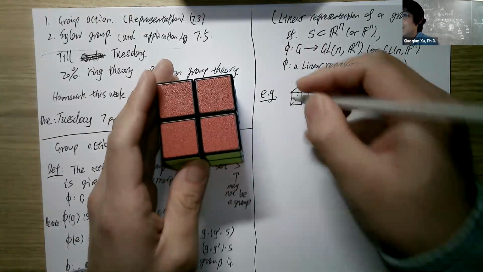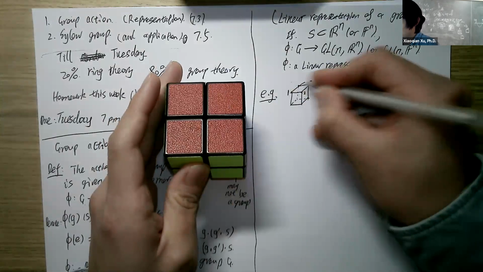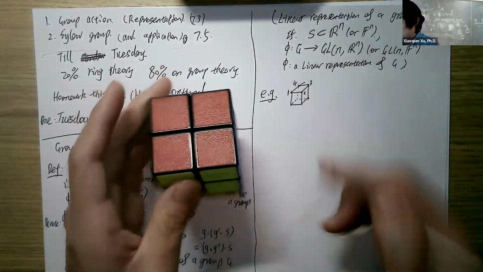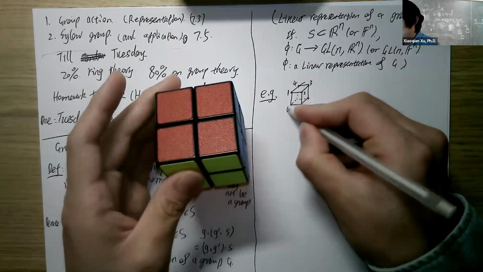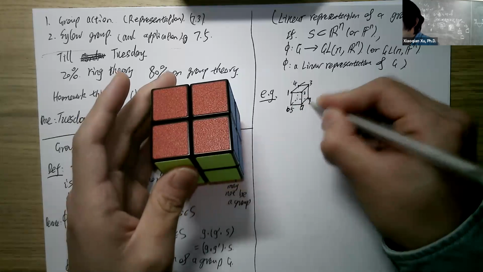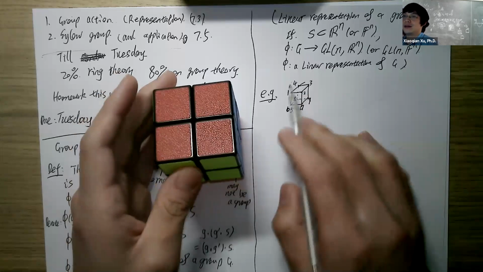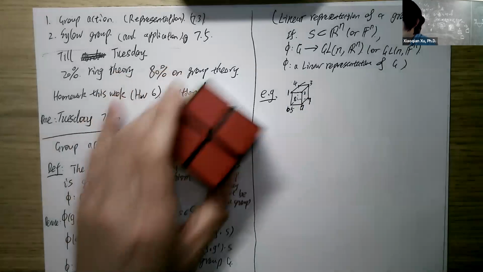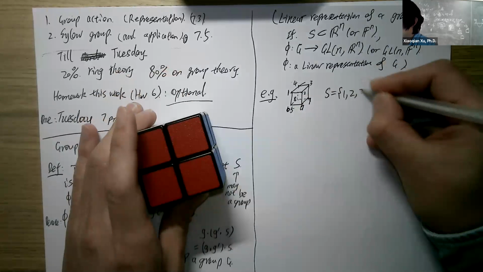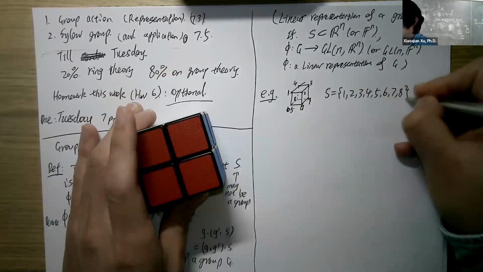For instance, this vertex is number 1, and here is number 2, 3, and 4, and 5, 6, 7, 8. So you have a set of vertices, 1, 2, 3, 4, 5, 6, 7, 8.